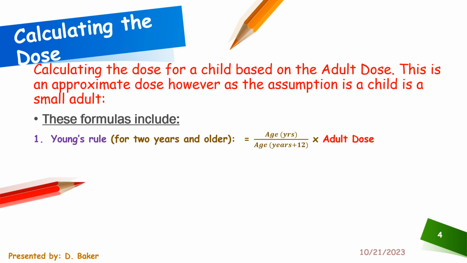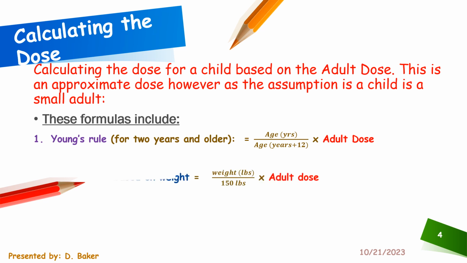As a child approaches age 12, of course the denominator approaches 24 in this case. So at that point in time, you should realize that the child is still getting approximately half of the adult dose, which may not necessarily be accurate in terms of therapeutic doses for the specific child.